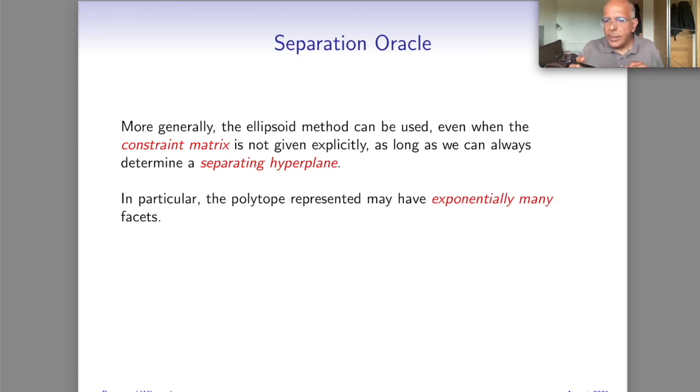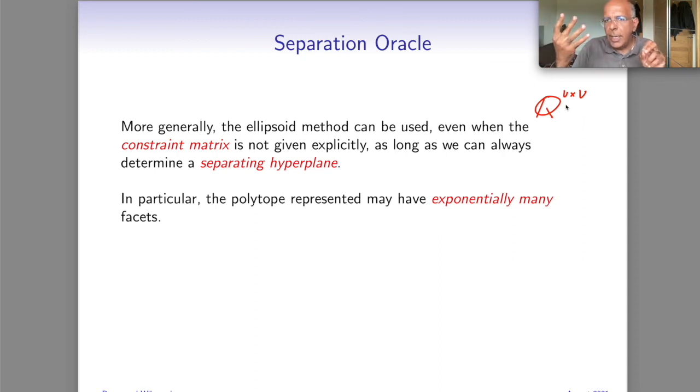And what I can do is, if I have the graph and you give me a vector, right? A vector in, well, it'll be Q^(V×V), a rational vector indexed by the potential edges of the graph. If you give me such a vector, I can determine whether or not it is in the matching polytope.